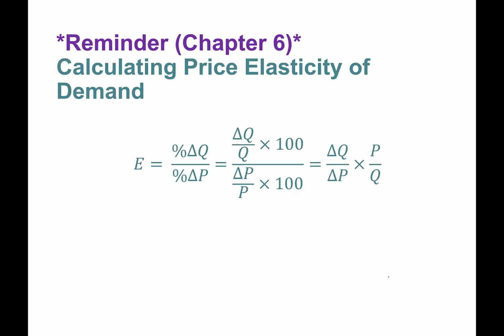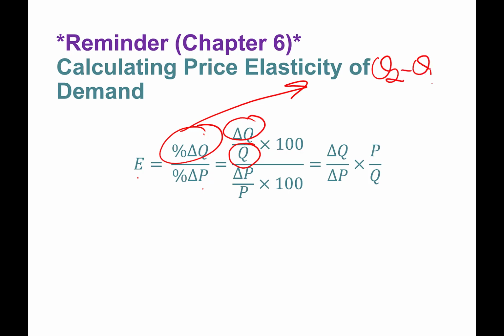Okay, here is the formula, right? Price elasticity of demand, percent change in quantity demanded divided by the percent change in price. So change in quantity divided by initial quantity. This portion is basically, if we write it down, final quantity minus initial quantity divided by initial quantity.